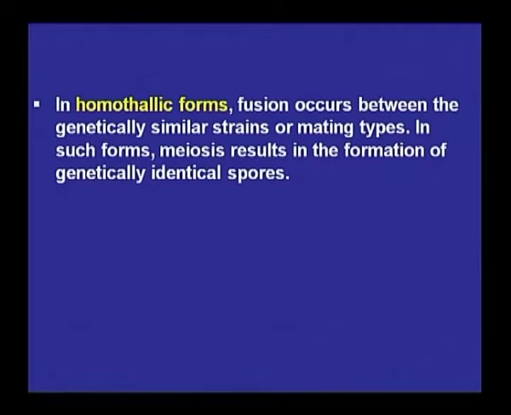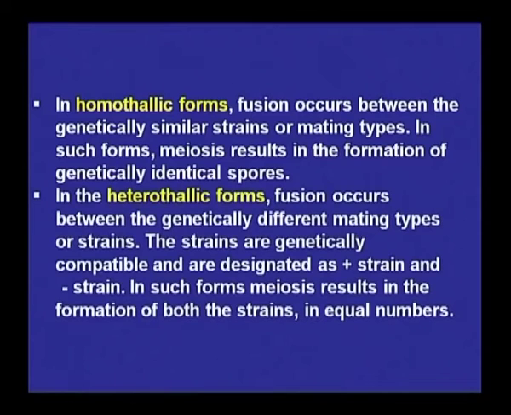In such forms, meiosis results in the formation of genetically identical spores, whereas in the heterothallic forms, fusion occurs between genetically different mating types or strains. The strains are genetically compatible and are designated as plus strain and minus strain. In such forms, meiosis results in the formation of both the strains in equal numbers.